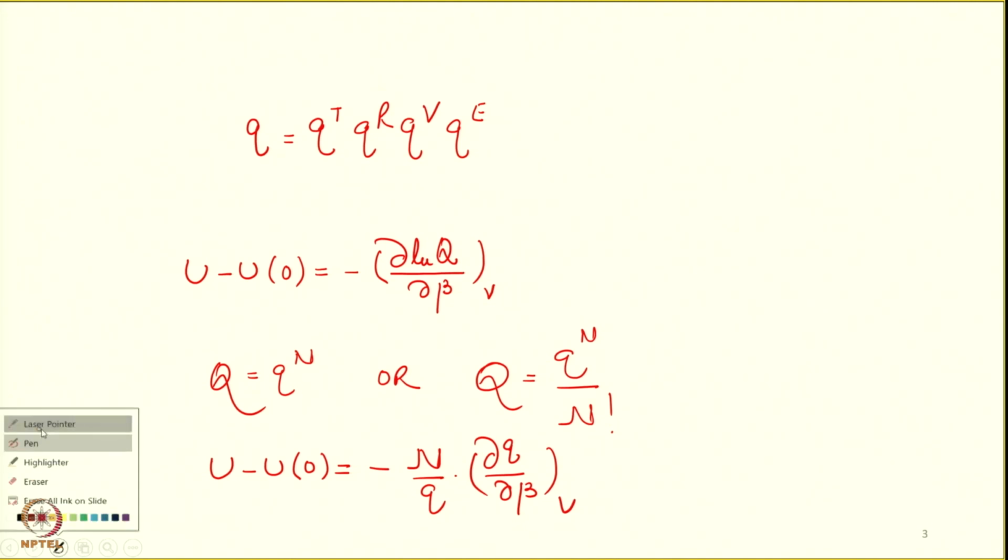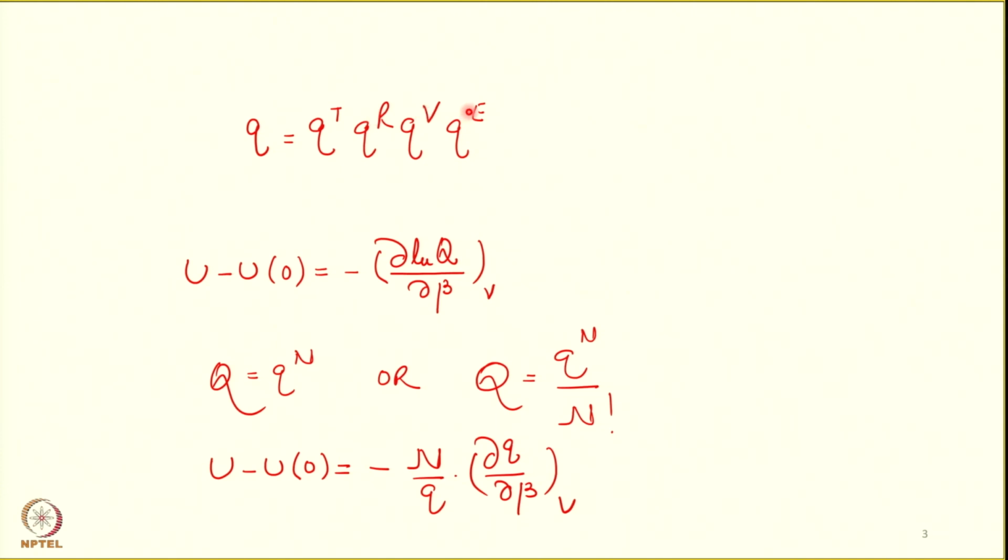Now, so far we have been considering q equal to qt because most of the problems that we dealt with included monatomic systems. And if it is diatomic, triatomic, polyatomic, then we need to consider rotational, vibrational and electronic contributions.